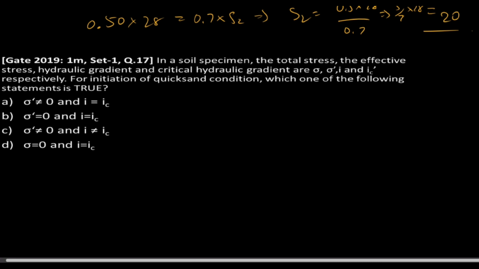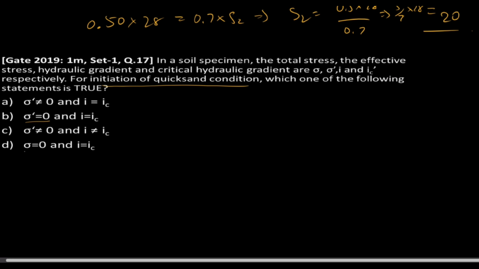And if you see the last question, they have given that for initiation of quicksand condition, which of the following statements is true? See, if quicksand condition needs to occur, then the effective stress of soil should be equal to 0. Effective stress of soil should be equal to 0.